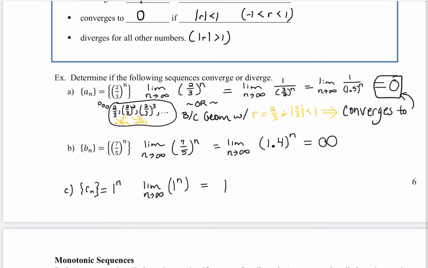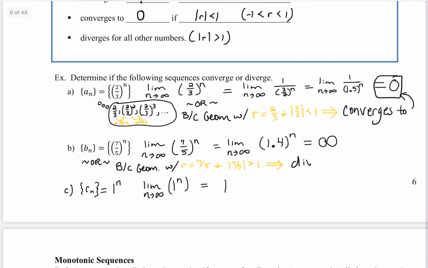We can look at that second one we just did and apply the same logic. Once we've cited that it's geometric, we could have said, because this is geometric with a common ratio of 7/5 or 1.4, and the absolute value of that, so just obviously 7/5, is greater than 1, this implies that it diverges.